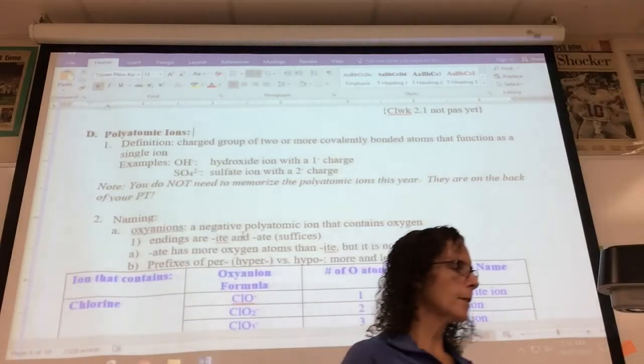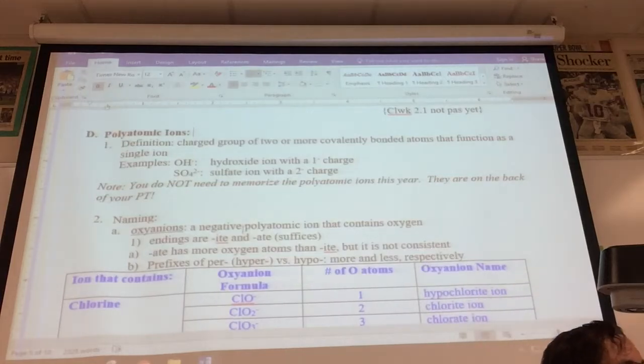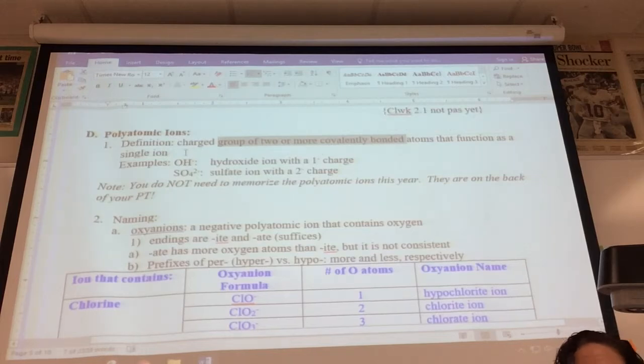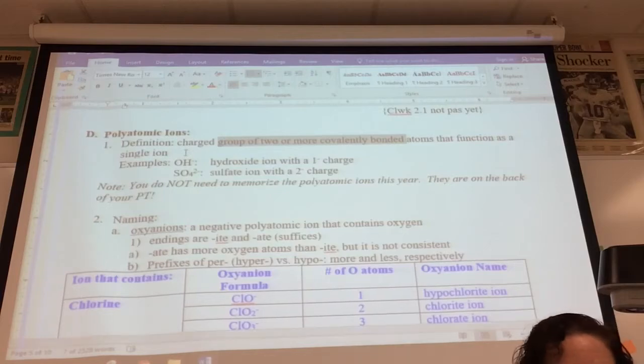With polyatomic ions, you're going to have a group of 2 or more covalently bonded atoms that function as a single ion. For example, shown here is the hydroxide ion first.